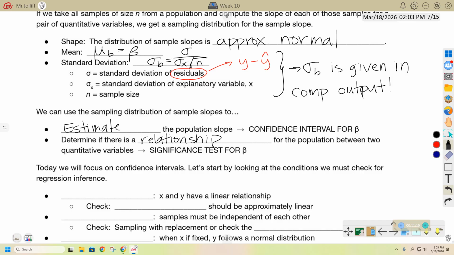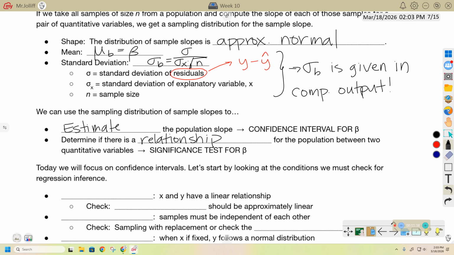If the slope is 0, there is no relationship because as x is changing, y is not doing anything. If I do have a positive or negative slope, then there is a relationship. As x changes, y changes in response. So that's why we're building things for slope when we're actually talking about relationships. Slope is an indicator of whether there is or is not that linear relationship.